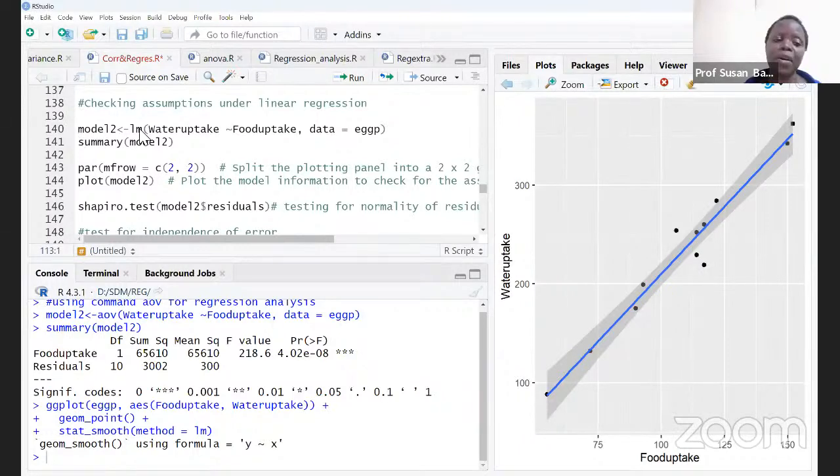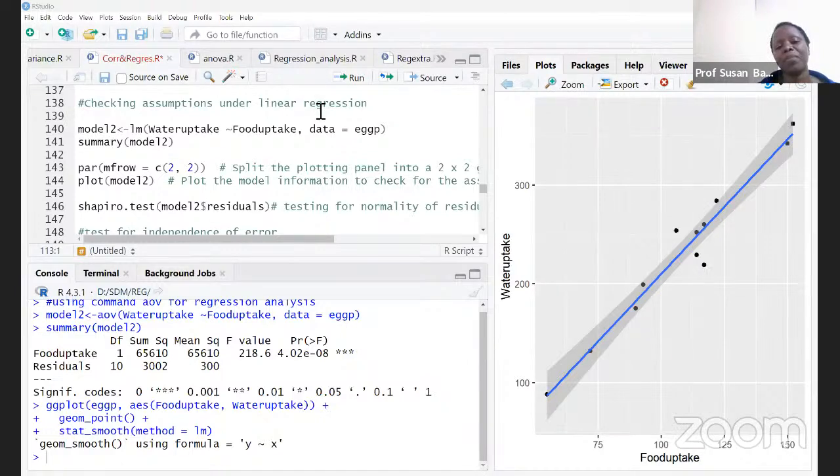So in the chat, have you understood what I'm talking about? Not clear, no. Okay, when you go to line 140, if it's not line 140, go under checking assumptions.